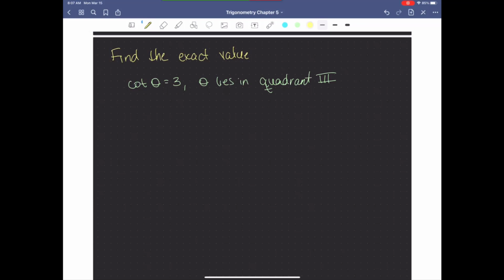So now we still got to go back to what we learned last semester when it came to cotangent. And what's cotangent represent? X over y, right? So for us, we have that 3, so that would be like 3 over 1, right?